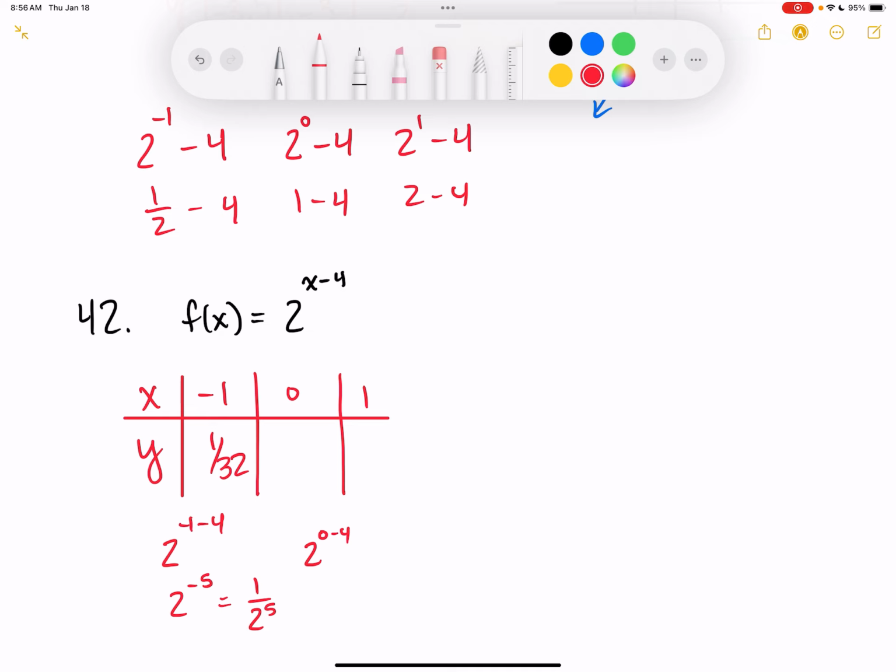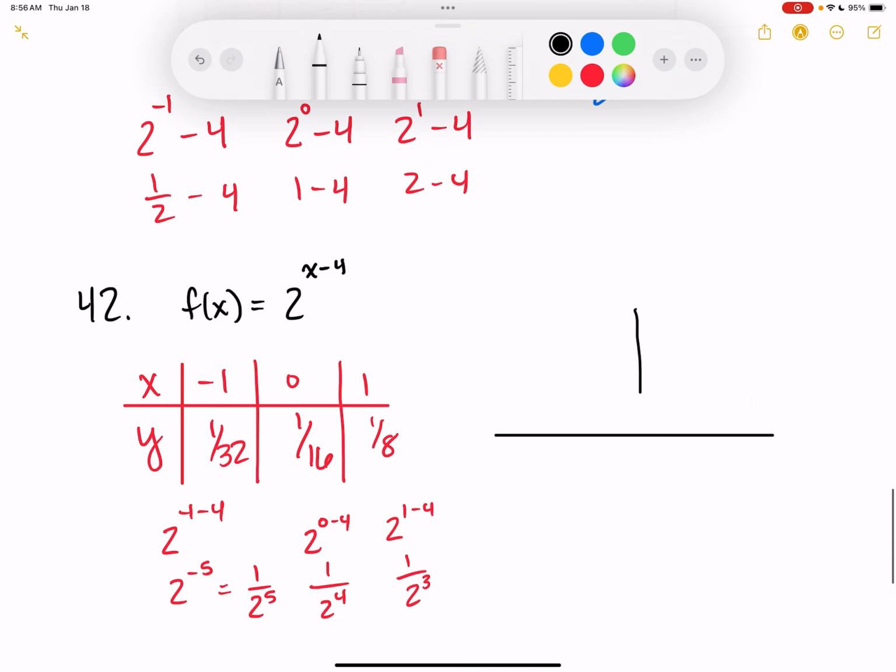That's going to end up being 1 over 2 to the 4th, which is 1 over 16. And then if I have 2 to the 1 minus 4, that is 1 over 2 to the 3rd, which is 1 over 8. This is where I probably would say pick some bigger numbers, but it's fine with what we have.